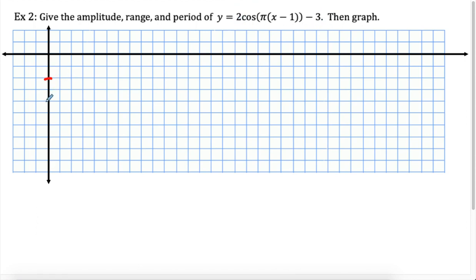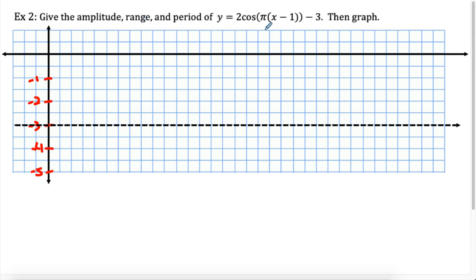Okay, so if we label our y-axis like this, I think that'll work out well. So let's label the midline then. I'm going to draw in a dashed line at -3. And I know I'm going up 2 and down 2. So my max is going to be -1, my min is -5.